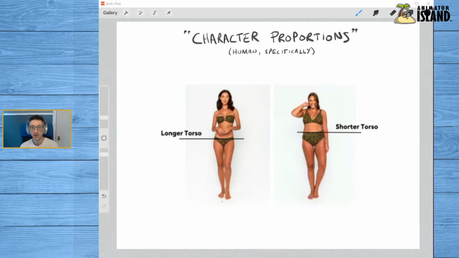And when it comes to body type and proportion, one thing that I think is useful, or at least has been for me, to think about it, is that proportion has a lot more to do with the skeletal structure. Okay.